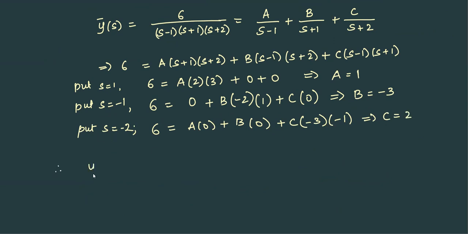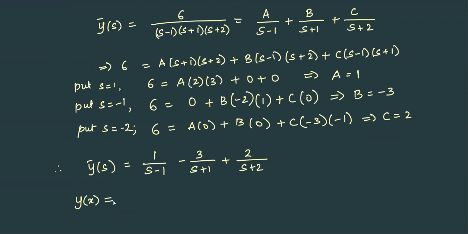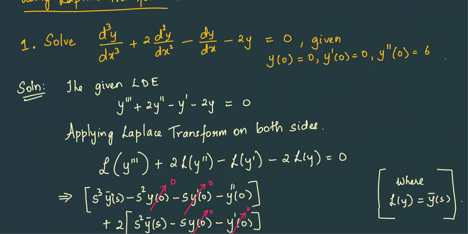Therefore, y bar of s is 1 upon (s - 1), plus B upon (s + 1), so -3 upon (s + 1), plus C upon (s + 2), so 2 upon (s + 2). Now this is a function of x originally.